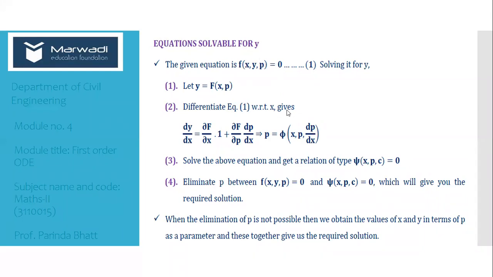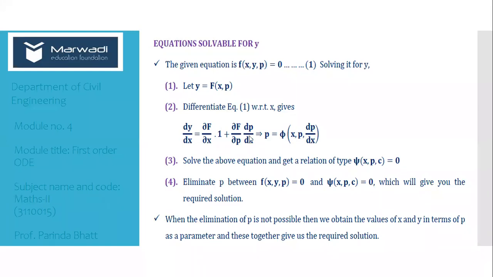That will give us dy by dx equal to, by partial differentiation, del f by del x into 1 plus del f by del p into dp by dx. That implies p equal to, what is p? dy by dx equal to p. So p equal to phi of x, p, dp by dx.